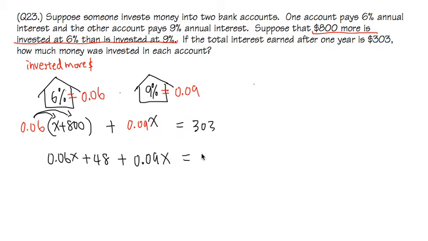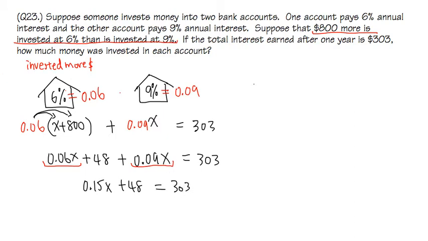And that's equal to 303 like that. And as usual, let's combine terms. I have the X terms right here and right here. Together, I add them up, I will get 0.15X plus 48, that's equal to 303.